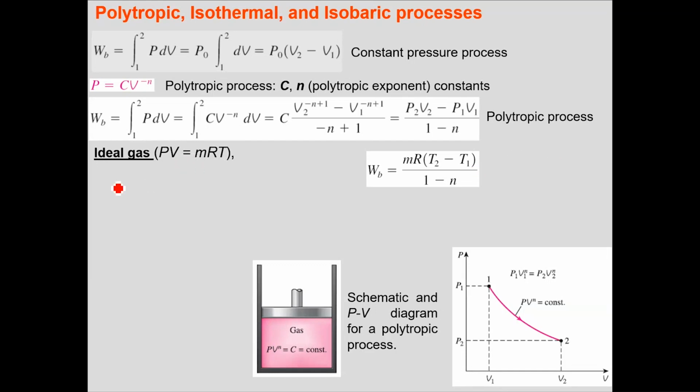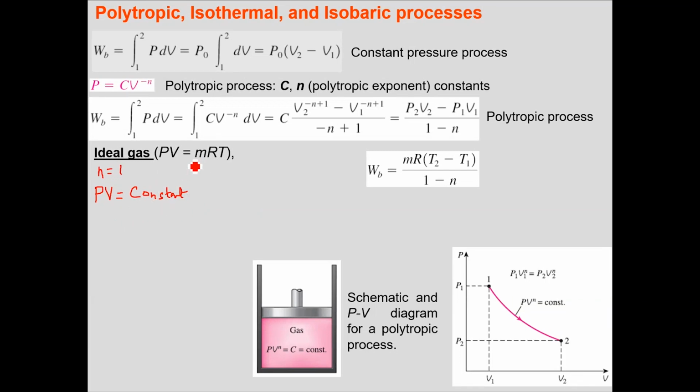Now let's say my n value is equal to 1. In case my n value is equal to 1, the expression for the polytropic process would be PV equals constant. Isn't it so? Yes, sir.